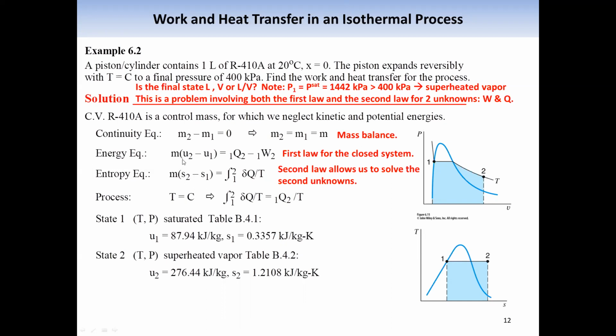The first law says for a closed system, the internal energy change between the two states is equal to Q minus W. And the entropy change based on the definition is equal to the integral of dQ over T. Then in order to answer the question about Q and W, we have two equations.